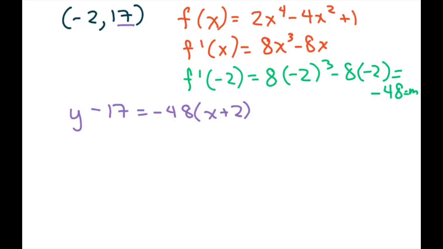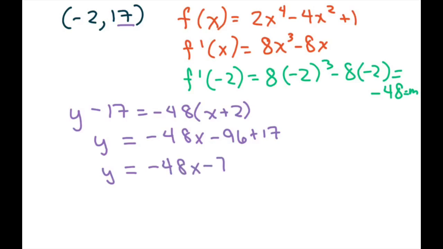Alright, if you simplify, you're going to get y equals -48x minus 96 plus 17. So that's going to give you your equation of the line, y equals -48x minus 79. Okay? So this question on the AP exam is worth two points, one for finding the slope and one for finding the equation of the line.